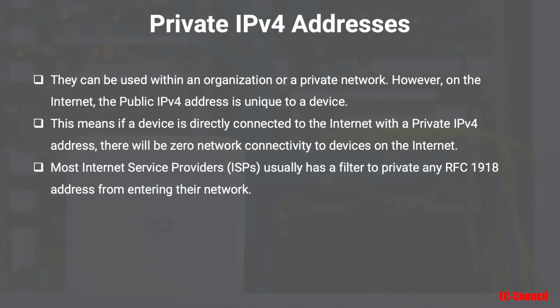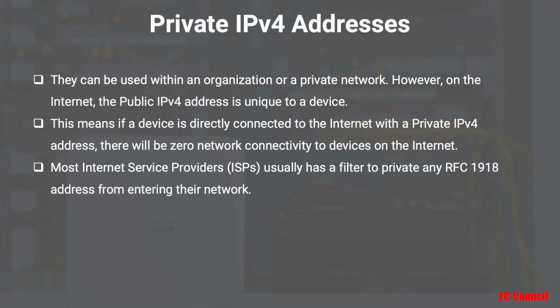With private IPv4 addresses, they can be used within organizations and private networks as mentioned. However, on the internet, only public IPv4 addresses are allowed. And the thing about the internet is each device on the internet requires a unique public IPv4 address.